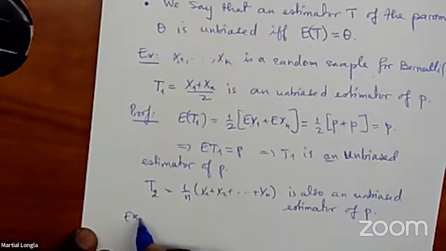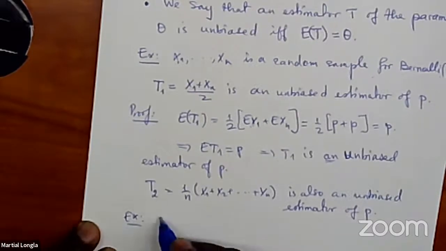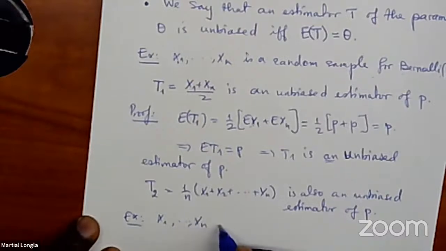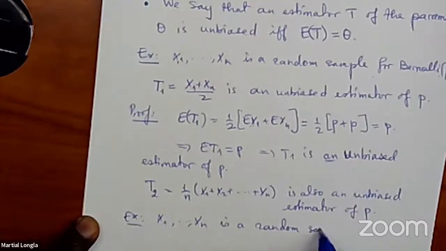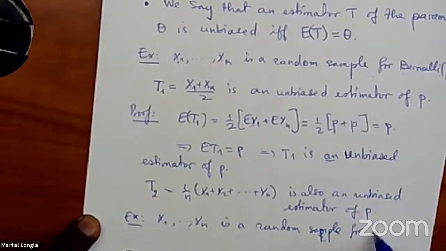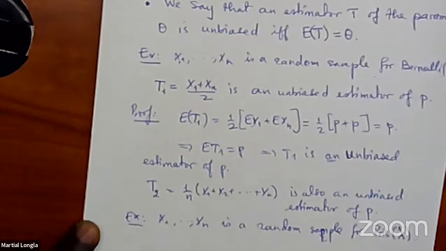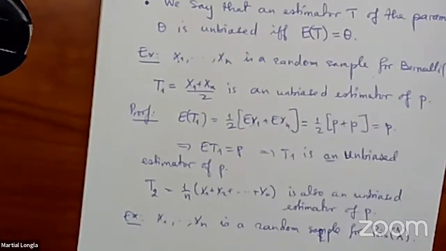Example 2. If I take x1 out to xn, the random sample from, say, Poisson distribution with parameter lambda. Can you give me an unbiased estimator of lambda here?